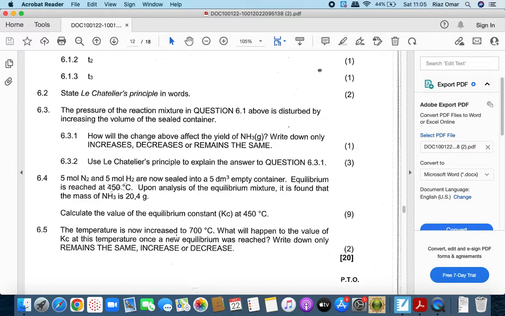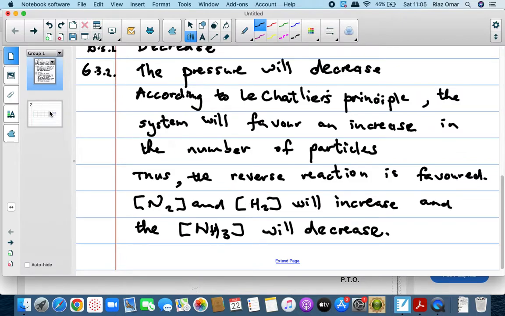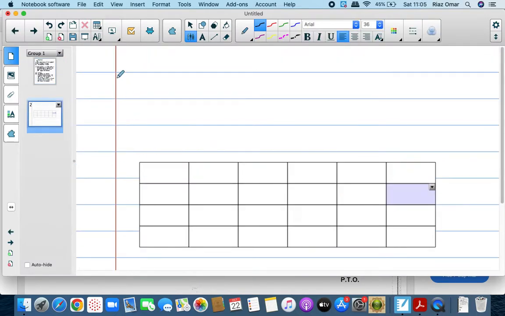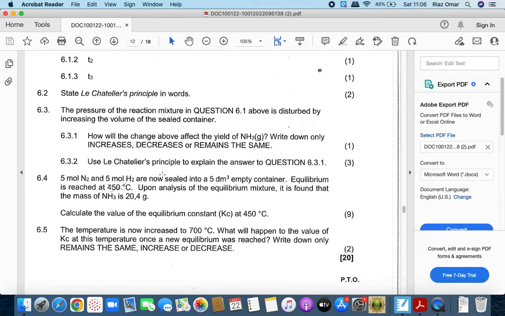Calculate the value of the equilibrium constant at 440 degrees Celsius. So we must work out the Kc value. So basically at equilibrium, the number of moles of what was given to us, let us have a look. 20.4 of ammonia is given.